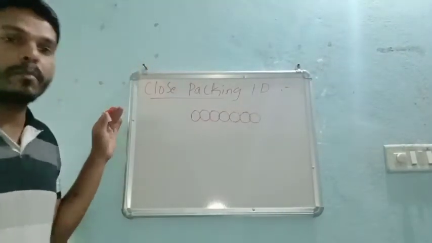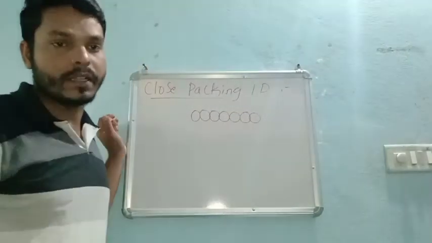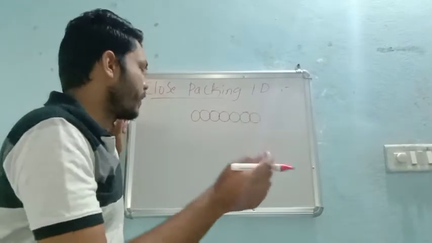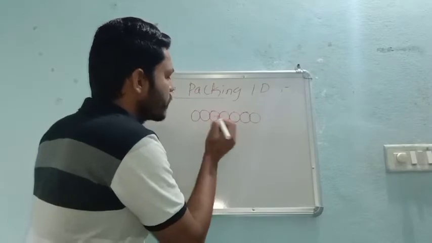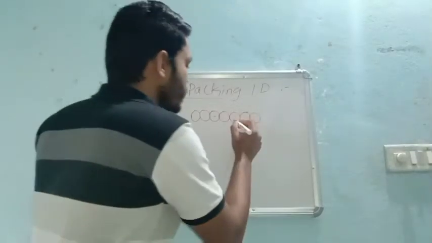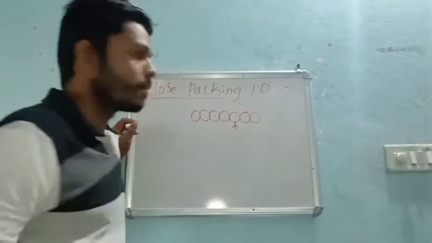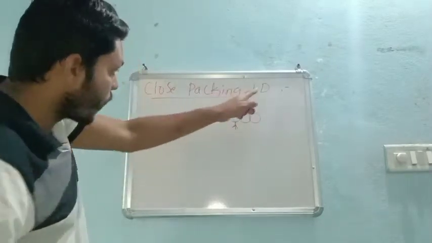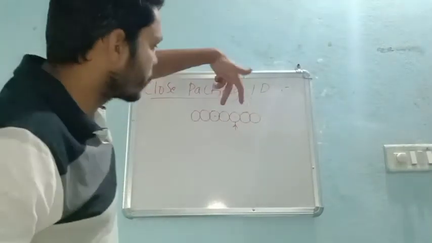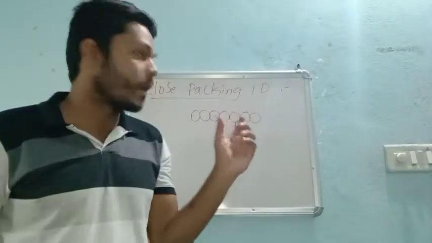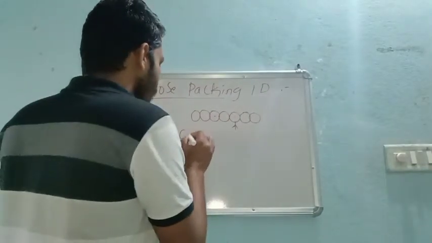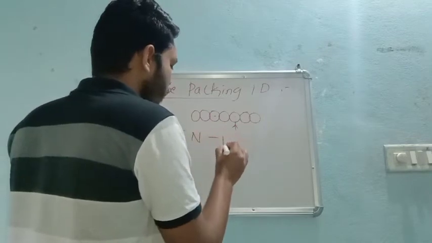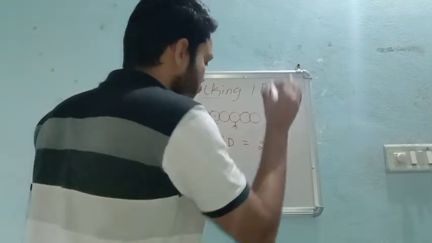The n number of constituent particles are present in this solid. If I consider any atom, you can consider this or this, any atom, then in one dimension there are two constituent particles in direct link. So the coordination number of 1D will be equal to 2, right?